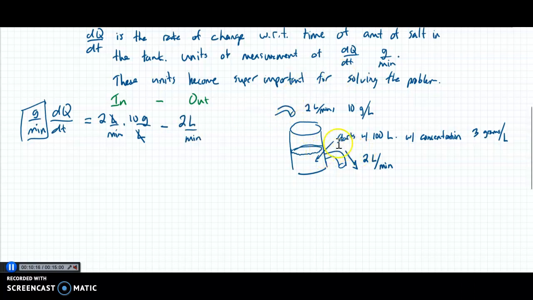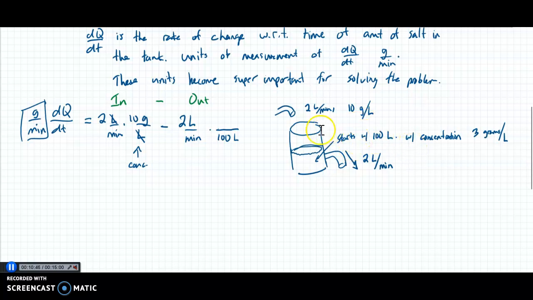Now, I know I've got 100 liters, right? So what I'm going to do is multiply by a little fraction. Just like I canceled the liters down here, because there were 10 grams per every liter, I know that it starts with 100 liters. And I'll give you another way to think about this too, because this here was the concentration. So the question is, where do I get grams for what's coming out of this tank?